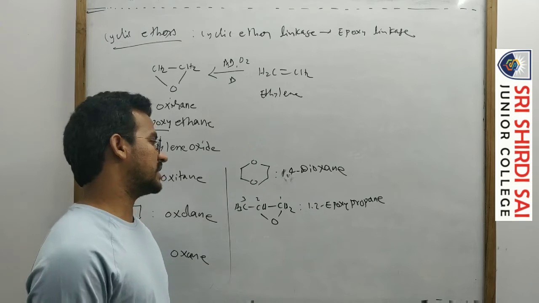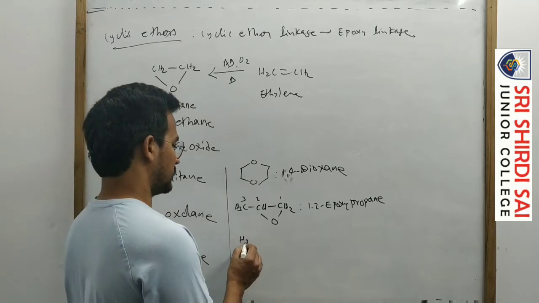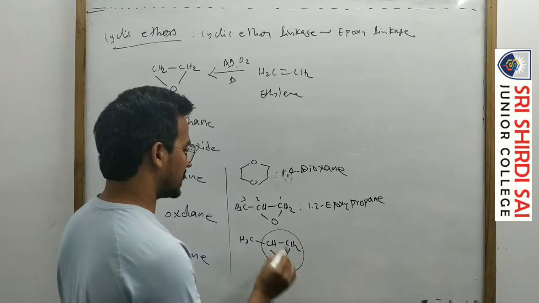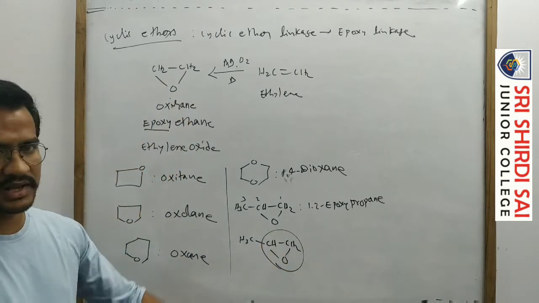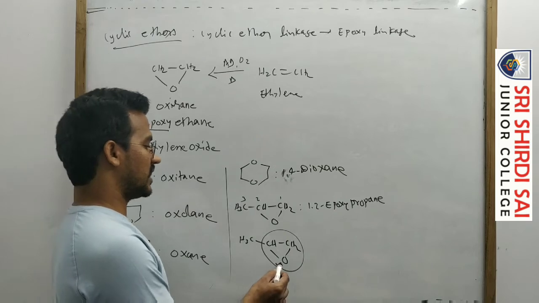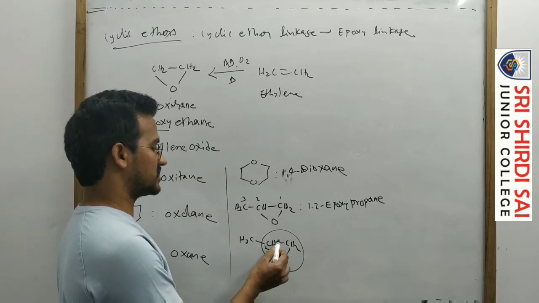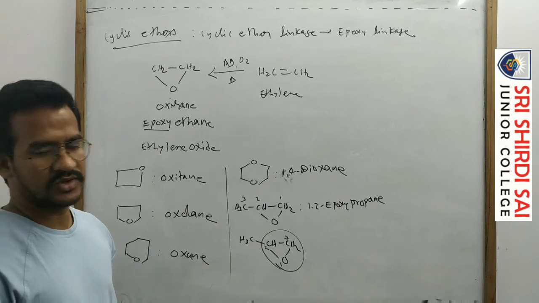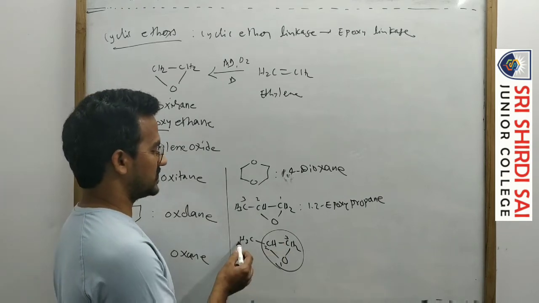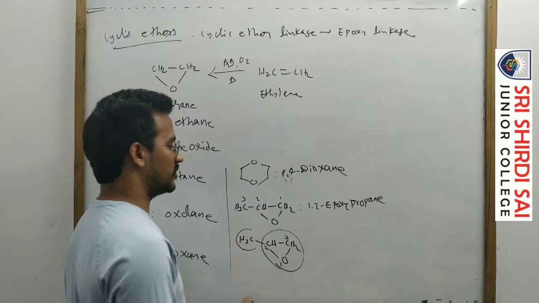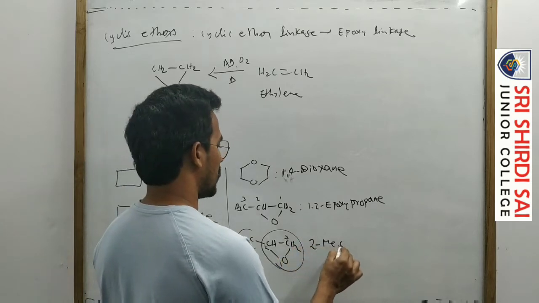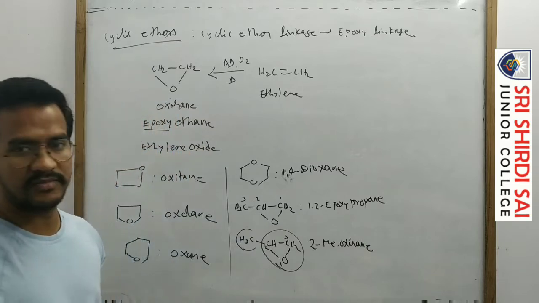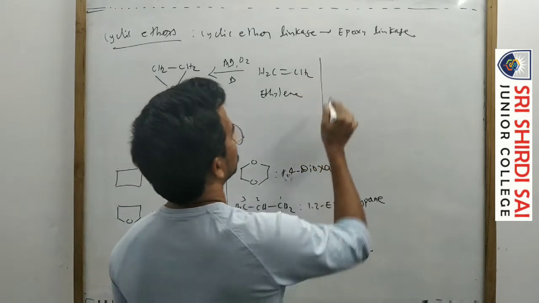This compound is also named as follows. This is the oxirane cyclic ring. In heterocyclic compounds, numbering always starts from the hetero atom, which is oxygen. Here 1, 2, 3. On the second carbon there is a methyl group, so 2-methyl oxirane.